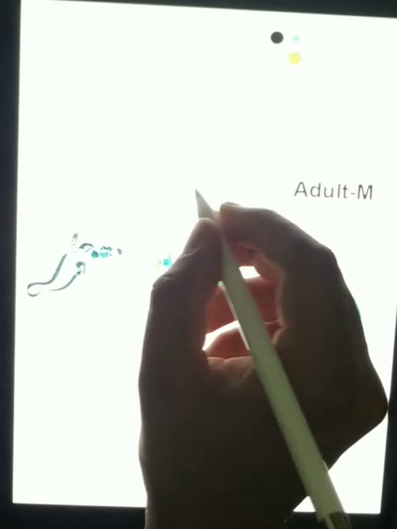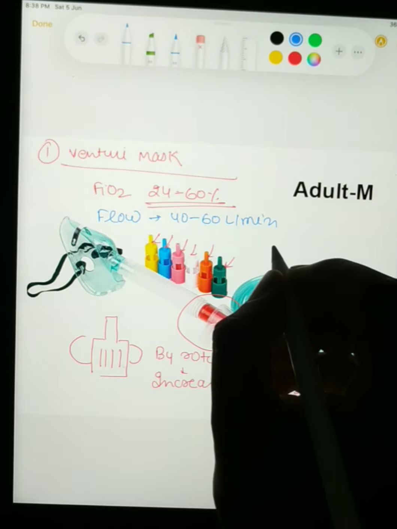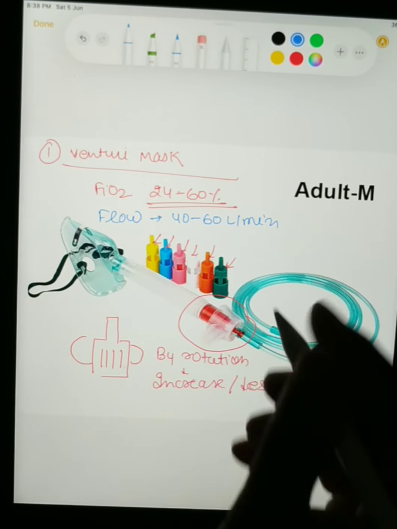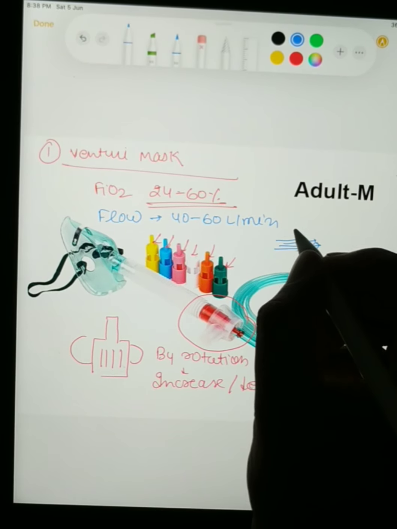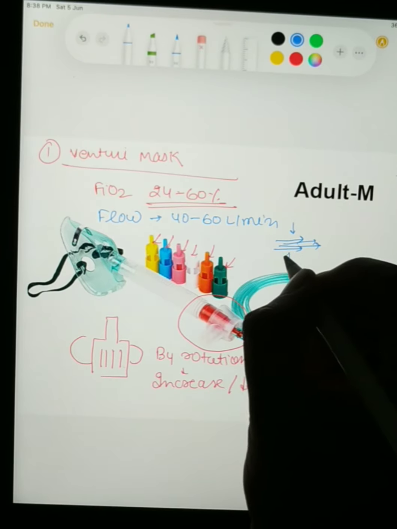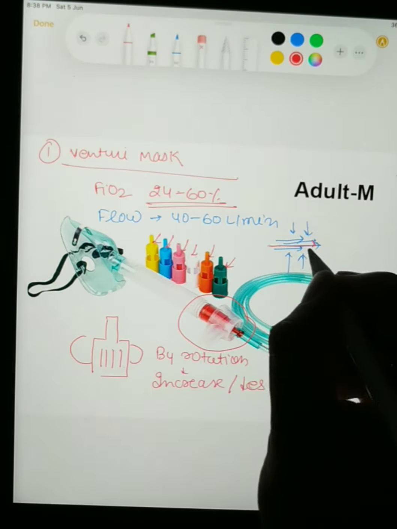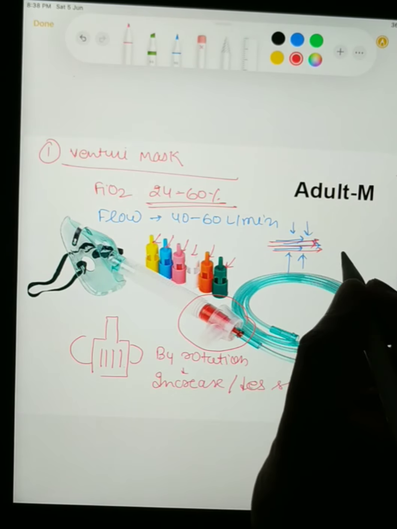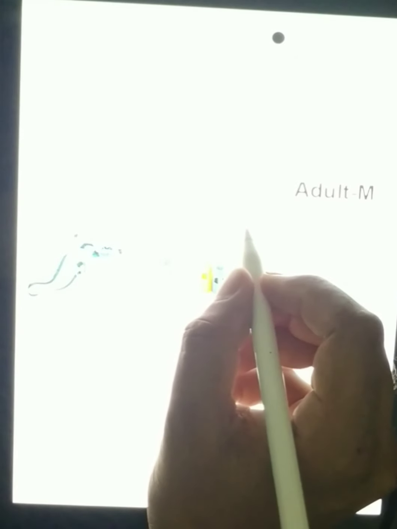But why is the FiO2 low? Because the principle of the Venturi mask is that when a high flow jet of air goes, it creates a negative pressure, so it absorbs air from the environment. So we are delivering oxygen at high flow, but most of the air comes from the environment due to the negative pressure generated by this process. So the FiO2 is less, but the flow can be as high as 40 to 60 liters per minute.